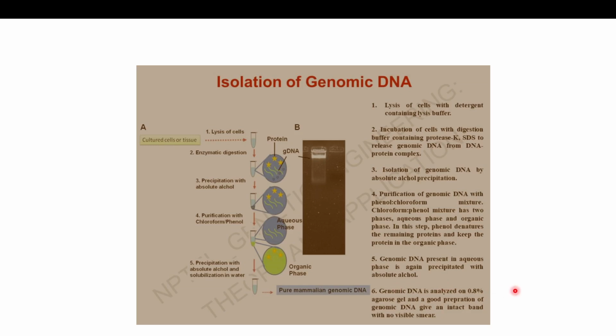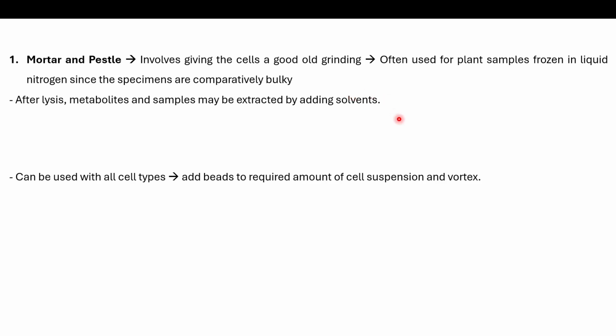Again, at each step, we will go into a little bit of detail, one by one. Now, first you have to break the cell open or lyse the cells. For genomic DNA, because it is such a huge thing, the chromosomal content being around 4 megabases long, you can be a little not so gentle.